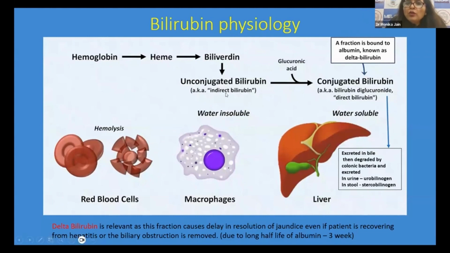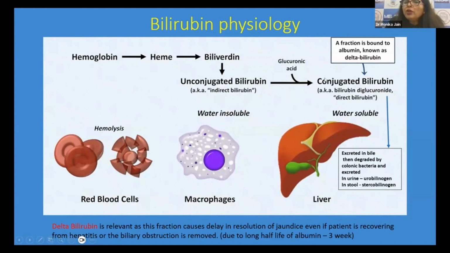The conjugation of unconjugated bilirubin through glucuronic acid leads to conjugated bilirubin. So this bilirubin is excreted through the biliary system. In urine, it forms urobilinogen, but in stool, it forms stercobilinogen.